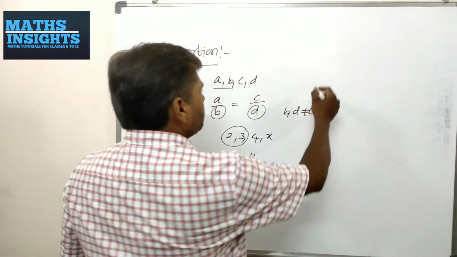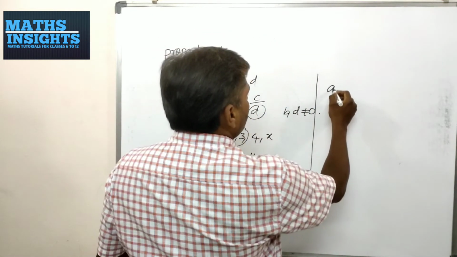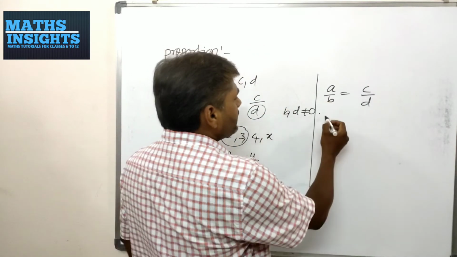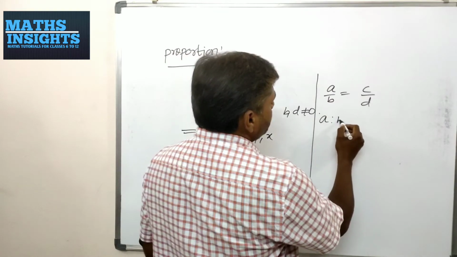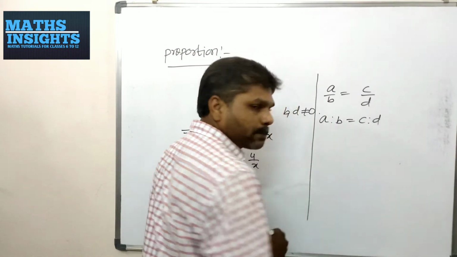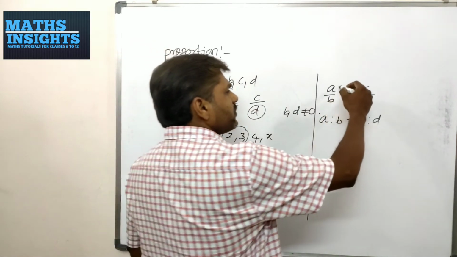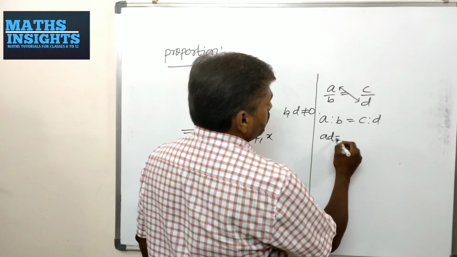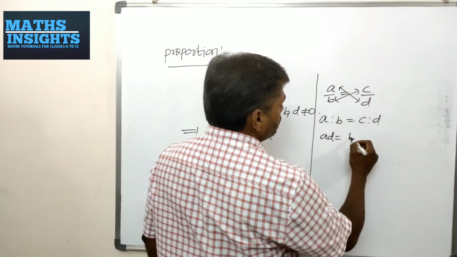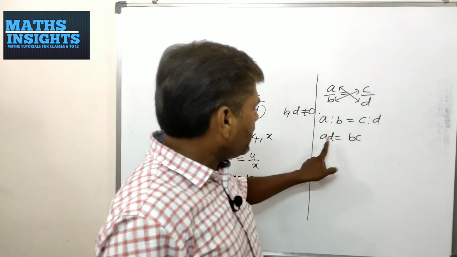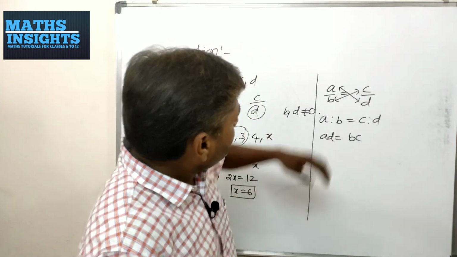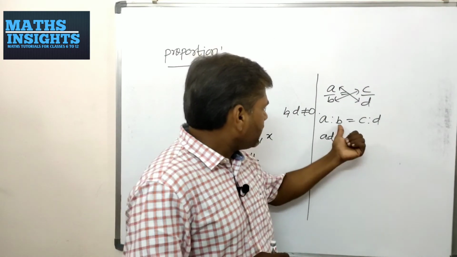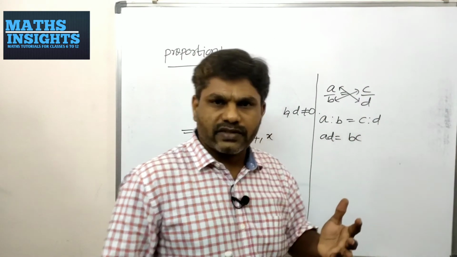Okay. Now here, the ratio of A and B is equal to that of C and D. You can write it as A is to B is equal to C is to D. Now in this case, if you do cross multiplication, A into D is equal to B into C. Here A and D are called extremes and B and C are called means.